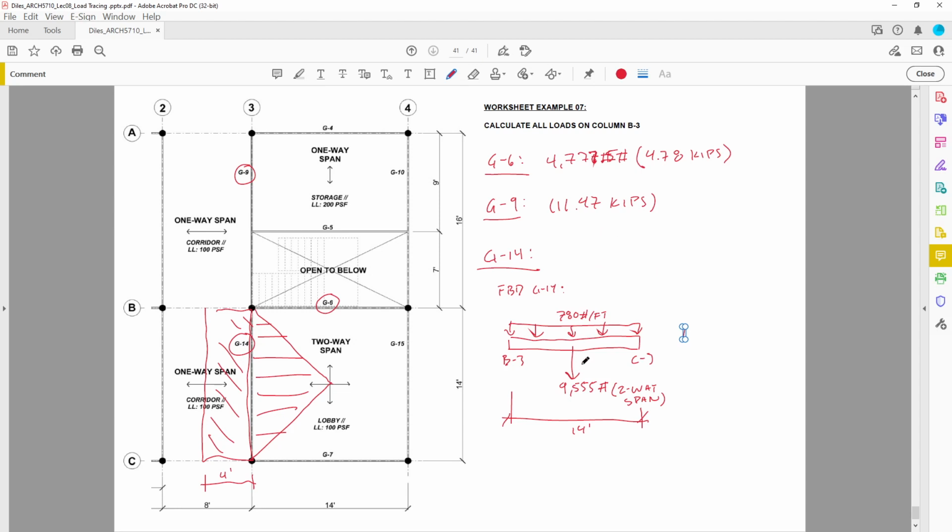That's going to be an additional point load of 10,920 pounds. So if we add our 9,555 to our 10,920, that's going to give us a total load of, let's see, what is this?